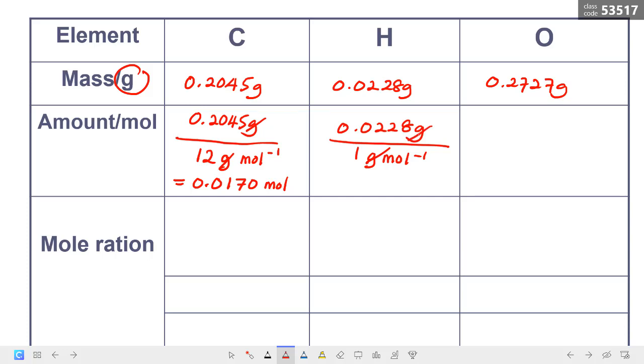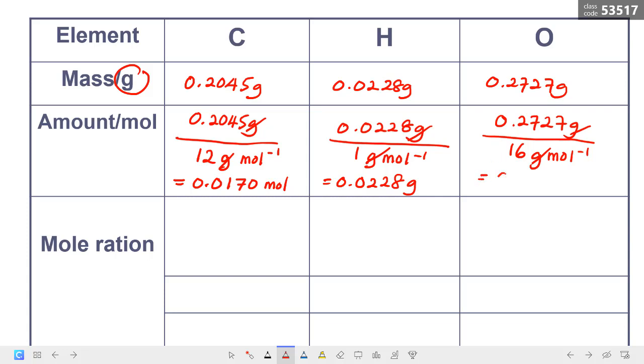Cancel the unit of gram, so you will get 0.0228 mole. Okay, and for oxygen, 0.2727 gram divided by the molar mass of oxygen is 16 gram per mole. Right? Cancel out and you will get around 0.0170.